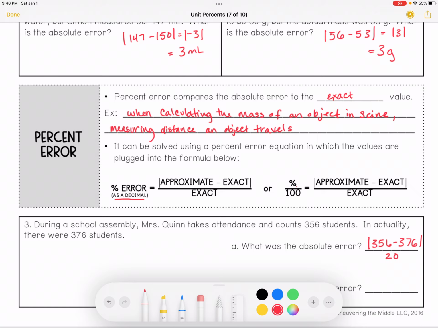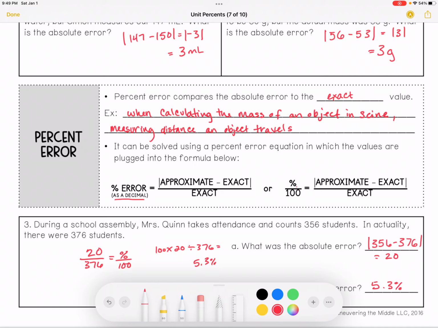And the percent error is going to be that 20 divided by the exact, which was 376, and is going to equal our percent over 100. So that would be 100 times 20 divided by 376, which equals 5.3%.